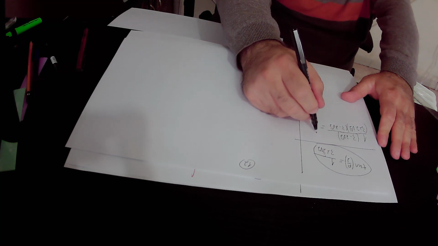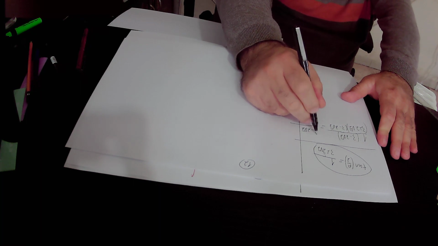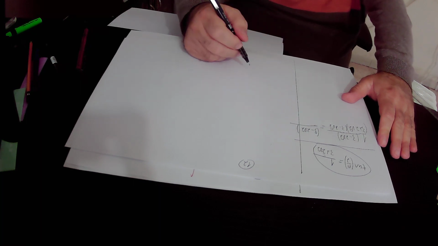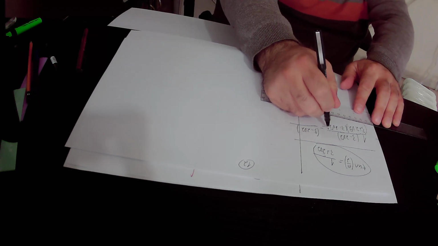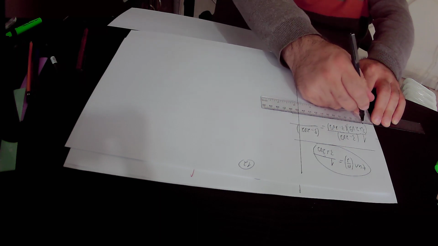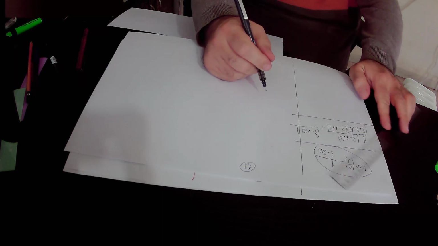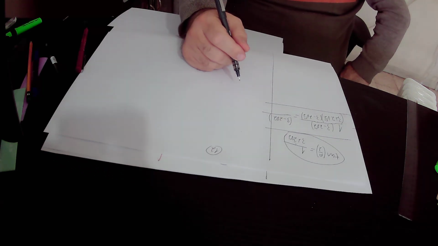So in the numerator we have 3 minus 2 times square root of 2, and in the denominator we have a very algebraic expression that is very similar to the algebraic identity that a plus b times a minus b equals a squared minus b squared.